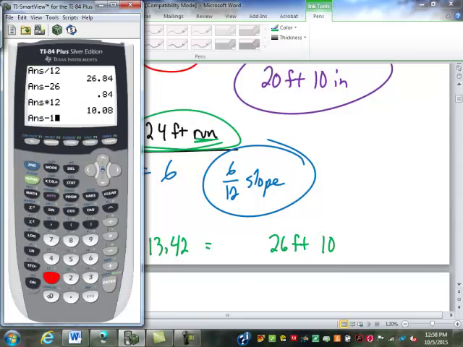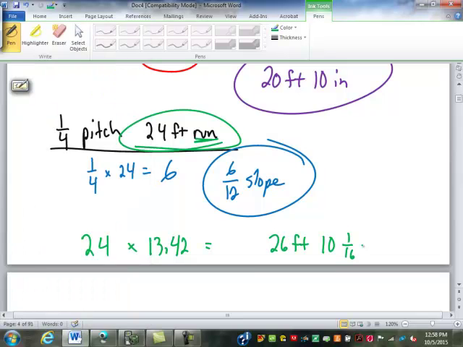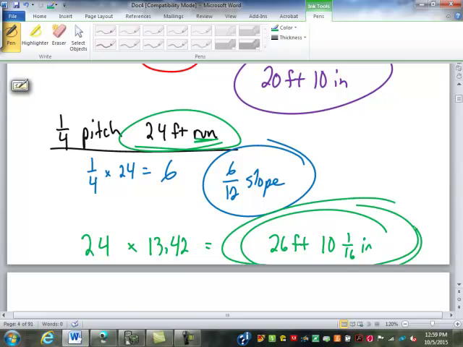So we'll subtract the 10, and then times 16, so 0.08 times 16 gives us 1.28, which is between 1 and 2, but it's closer to 1. So 1/16. Is there anybody out there right now who thinks they have no chance of being able to come up with this on their own?